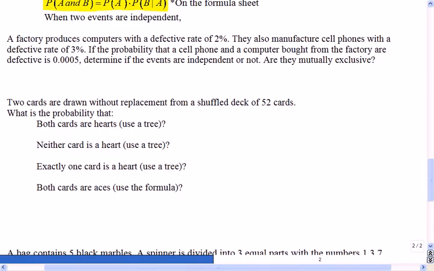So another thing is, now that we're talking about independent, dependent, sometimes students get this confused with mutually exclusive. So we'll talk about these two, but let's start with independent or dependent.